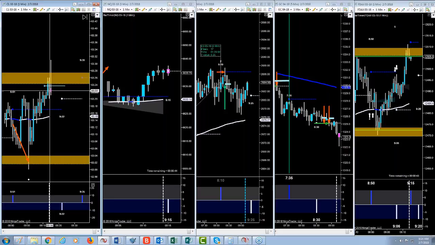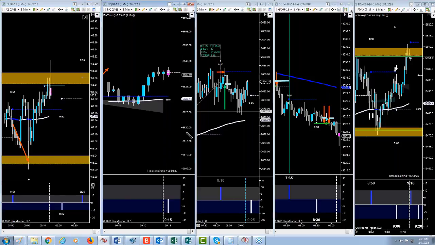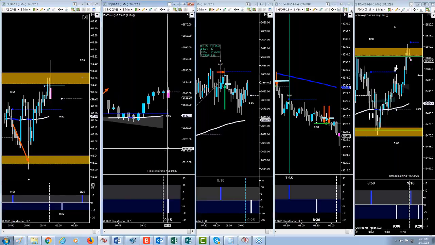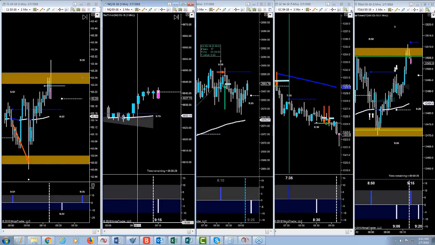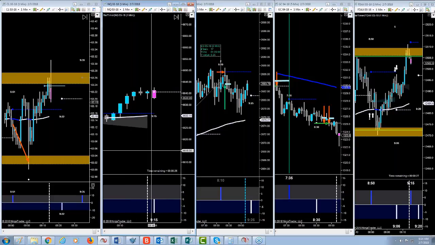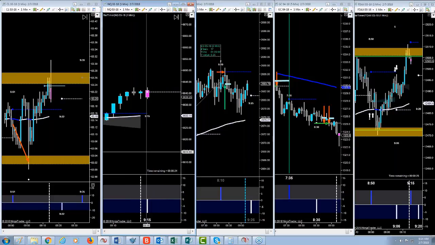I'm inclined to tell you to try to short right there after that stop run at the top of the consolidation range. NQ at 9:15 is going to be a signal with trend. We're going to try every signal with trend that we can get our hands on today.